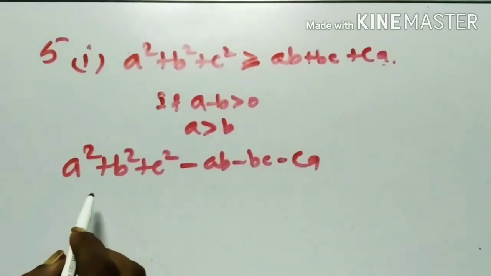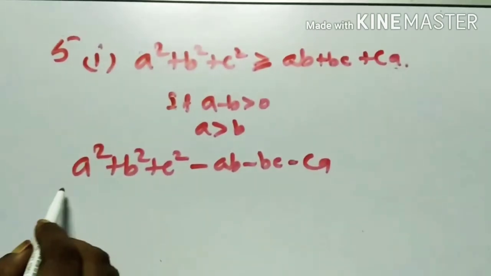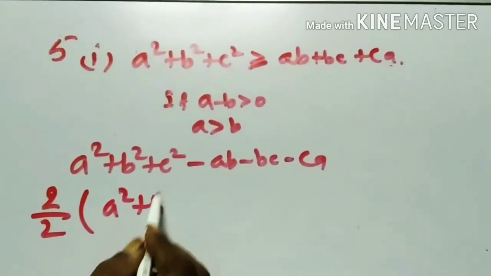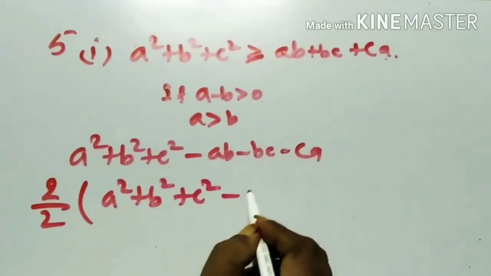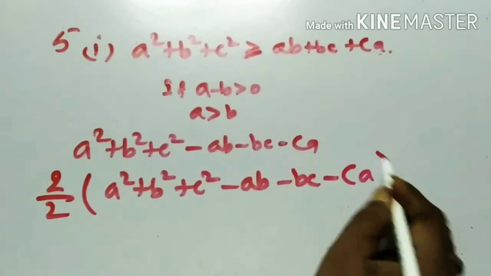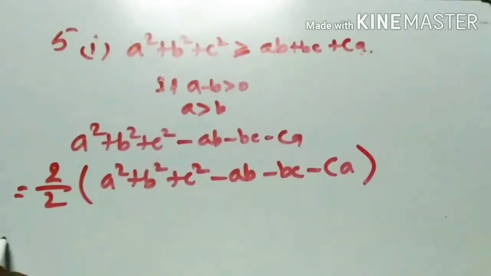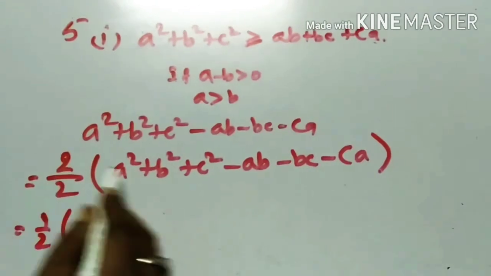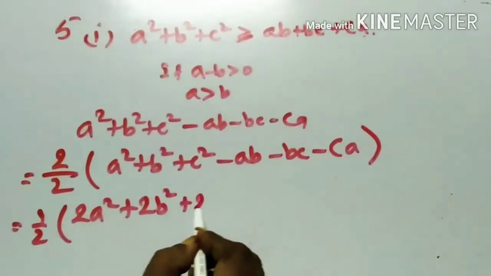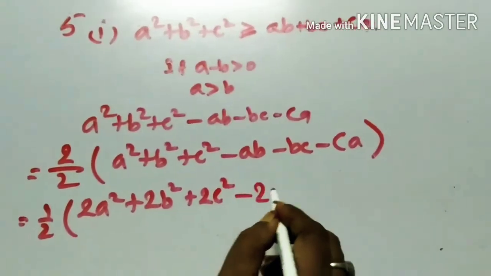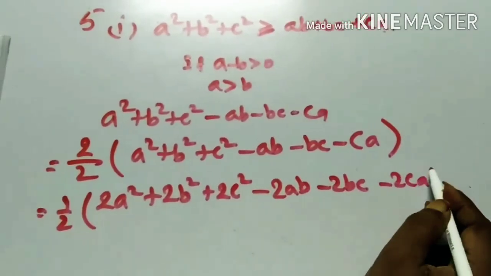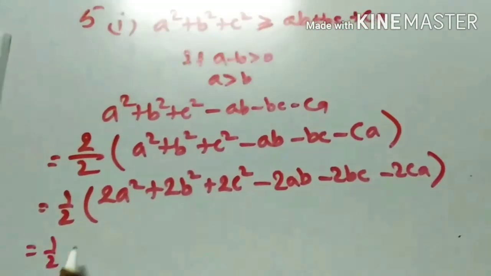Now see, some arrangement I am going to make. Say 2 by 2, a square plus b square plus c square minus ab minus bc minus ca. This will be equal to 1 by 2 times 2a square plus 2b square plus 2c square minus 2ab minus 2bc minus 2ca. Now see, 1 by 2.